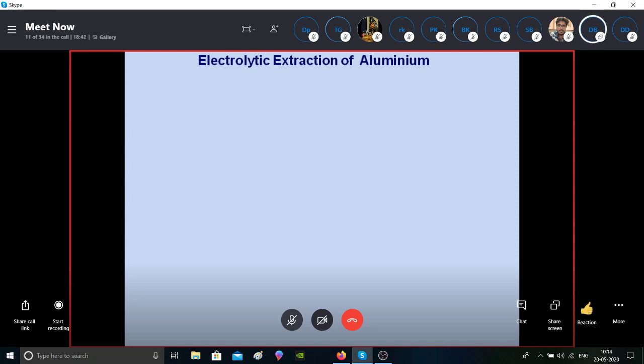The first one is that aluminium has turned out to be one of the very important non-ferrous metals just after copper, because of a few unique properties like its thermal conductivity, electrical conductivity, and most important, its excellent strength to weight ratio. It can give a fantastic alloy which can be of fairly high strength.